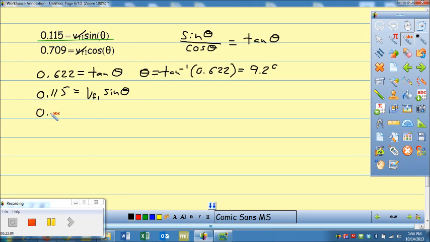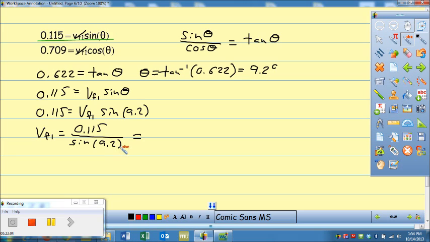So 0.115 equals VF1 times the sine of 9.2. So VF1 is equal to 0.115 divided by the sine of 9.2.